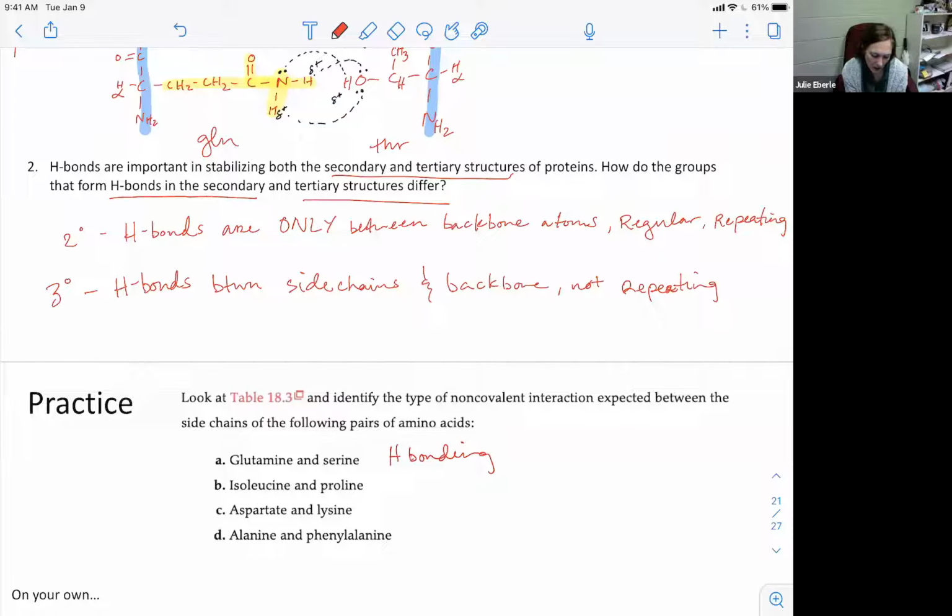Okay, what about B, isoleucine and proline? Look at the table, look at the side chains for isoleucine and proline. What do y'all think? Can y'all see the table? Do y'all have the slides?